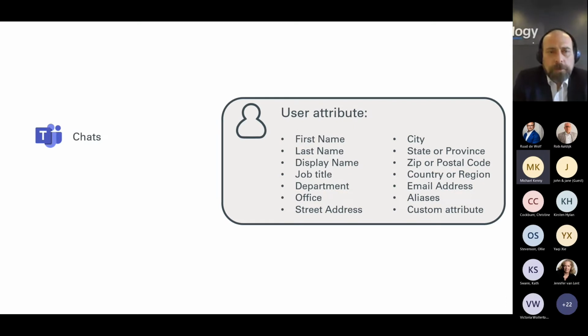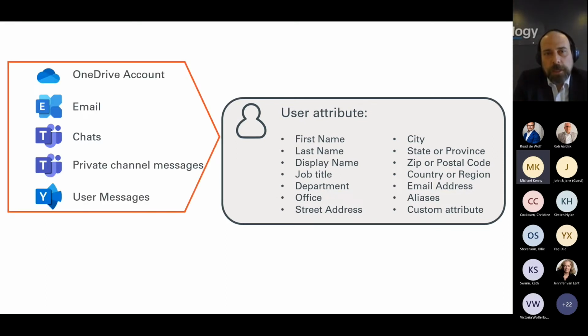And of course, up till now, I've only been talking about this one-to-one chat, but there's a whole bunch of other Microsoft 365 workloads that you could use adaptive scopes to push user-based retention policies onto.